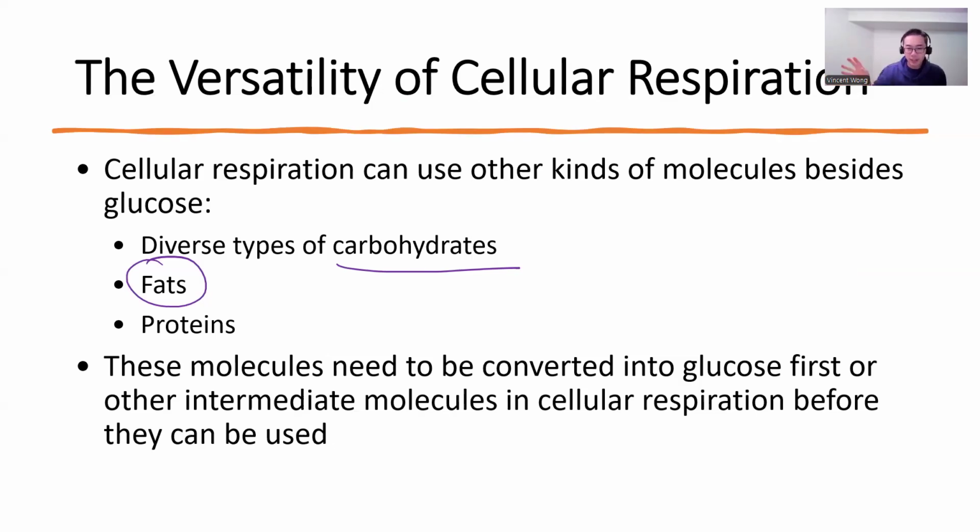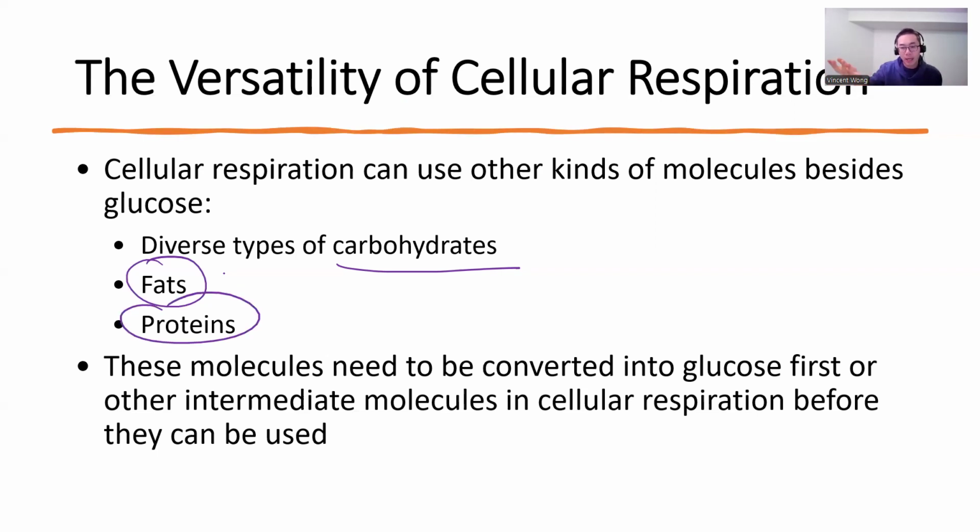You don't have to memorize any of these. My point is that different fuel molecules, different macromolecules that we eat, can be converted into different intermediate molecules that we can then feed into the cellular respiration process at different stages. Proteins are made up of about 20 amino acids.